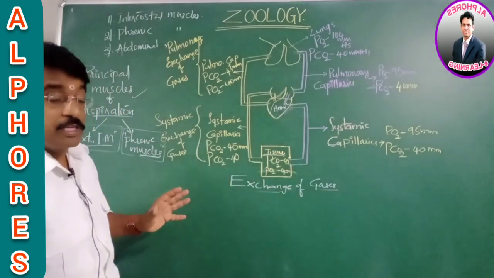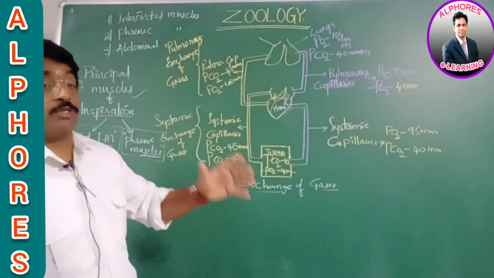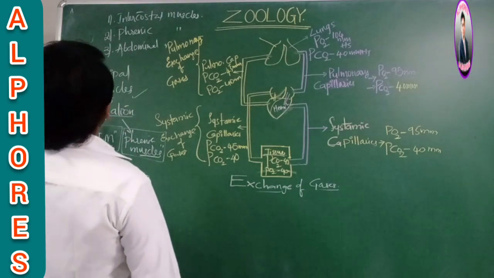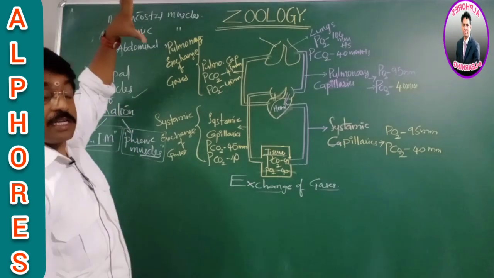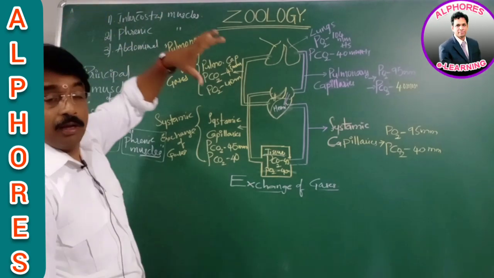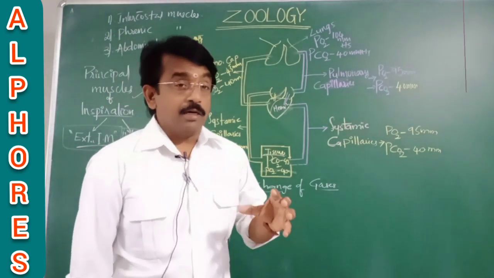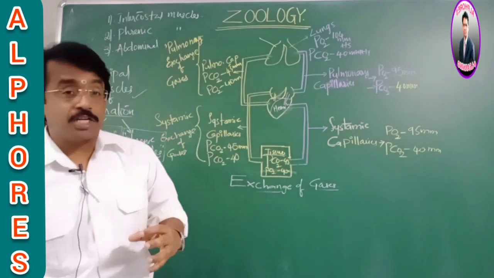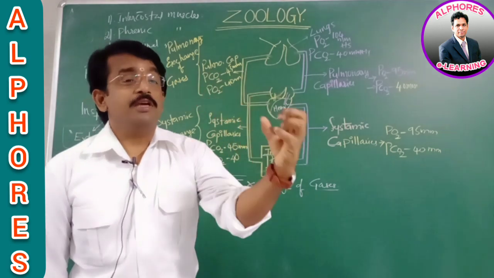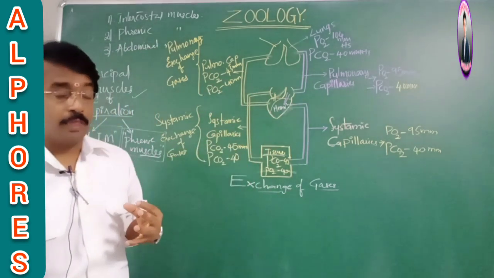So if I ask you a question: the muscles that assist in respiration are intercostal, phrenic and abdominal, whereas inspiration is a dash. Inspiration is an active process.